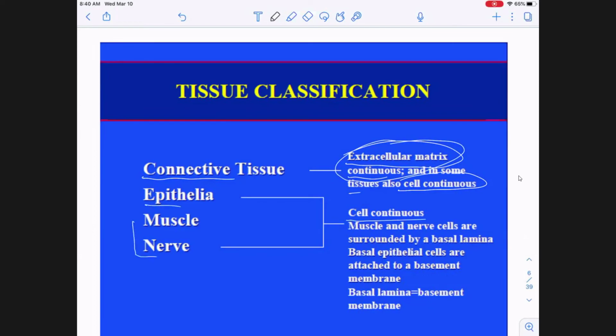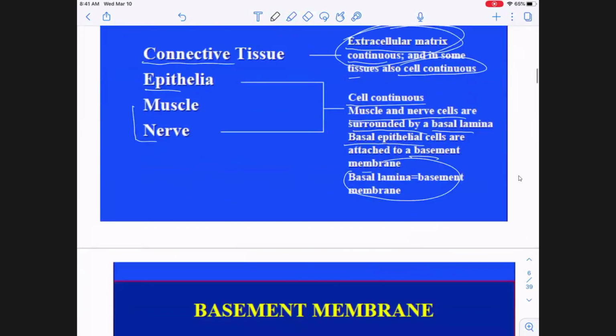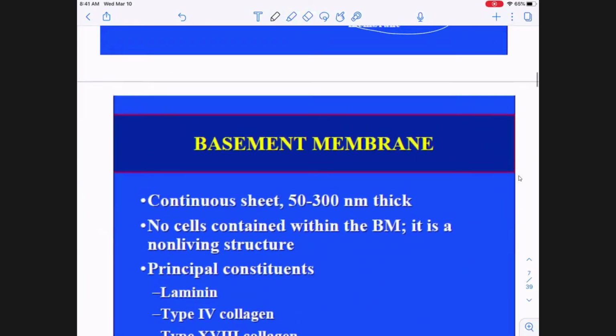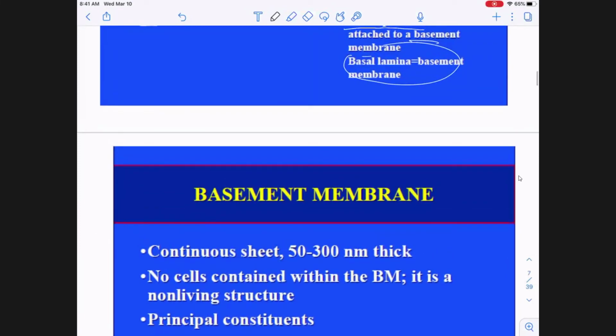For muscle and nerve, the cells are surrounded by a basal lamina. This lamina is collagen, and the basal epithelial cells are attached to a basal membrane. That is a brief introduction, with more detail next. Between epithelial and connective tissue there is a basement membrane.